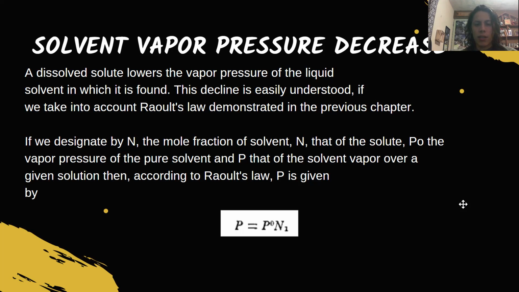If we designate by M the mole fraction of the solvent and that of the solute, P0 the vapor pressure of the pure solvent, and P that of the solvent vapor over a given solution, according to Raoult's law P is given by the next expression.